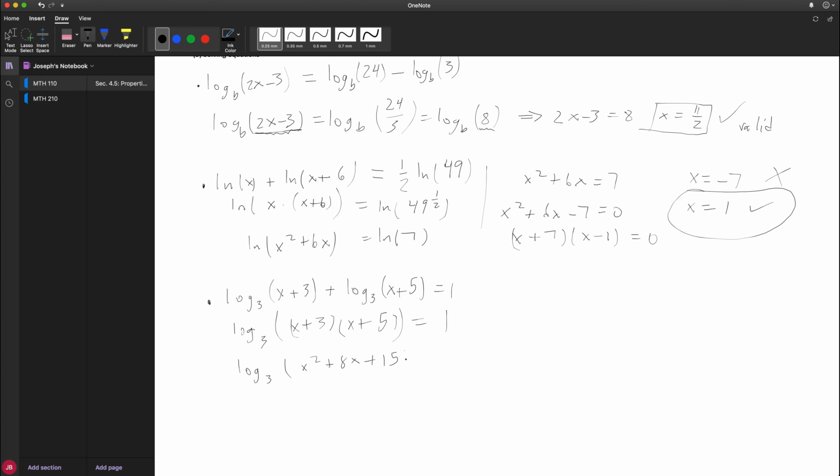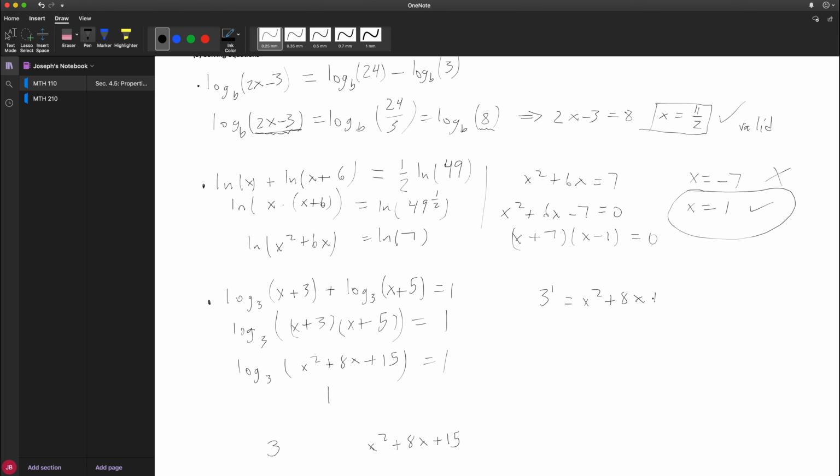And now let's make a triangle. So on the bottom of the triangle goes the base of the logarithm and its input. And on the top of the triangle goes the other side, so the 1. And now, oh look, this I can actually convert to an exponential statement. So what this says is that 3 to the first equals x squared plus 8x plus 15.